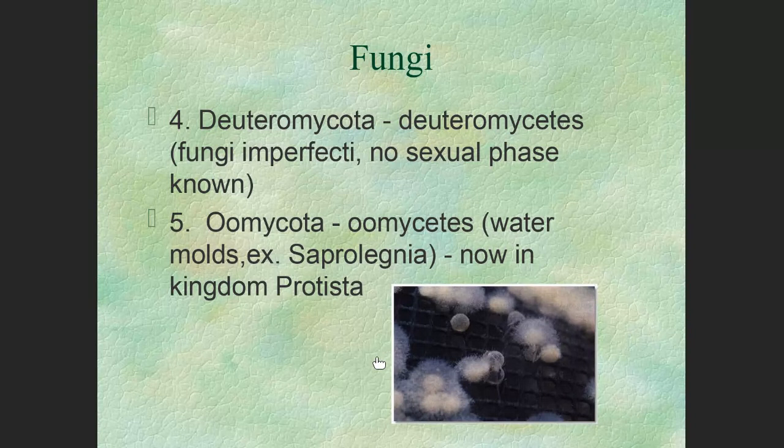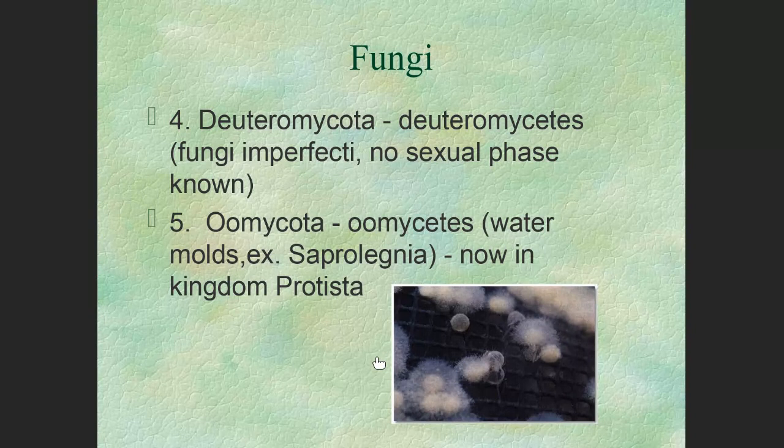The Oomycota include things like Saprolegnia, which is a water mold, and we actually used to culture this in our microbiology lab a long, long time ago. It's no longer considered to be a fungus. It just didn't have enough of the characteristics, so they decided to move it into Protista.